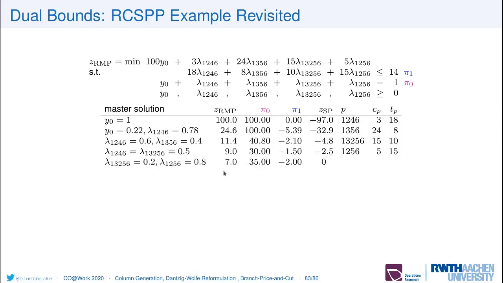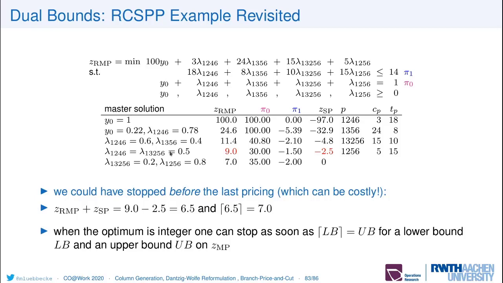And we can even see this in our example that it could potentially help. So this is the table we have seen so far when we solved the resource constraint shortest path master problem by column generation. This is where we arrived. And if you look at this second to last line here, the objective function value of the restricted master problem, which is 9, and the optimal objective function value of the pricing problem, which is minus 2.5, if we add these two, you get 6.5.